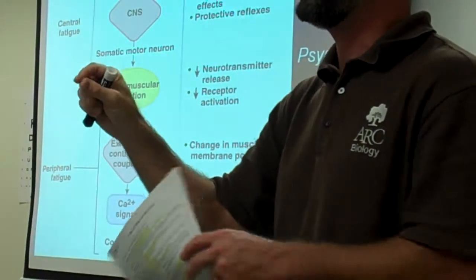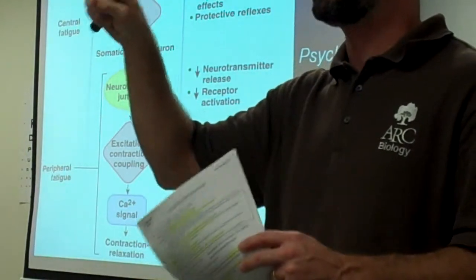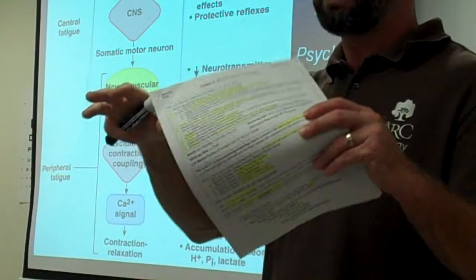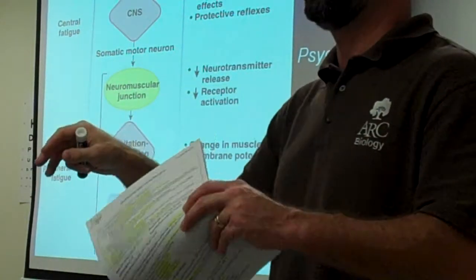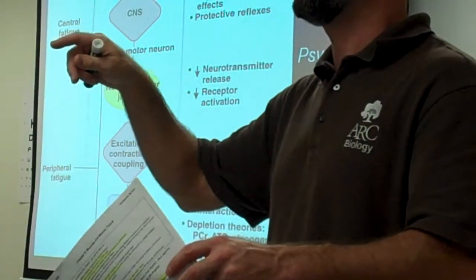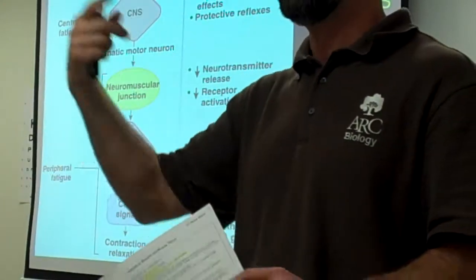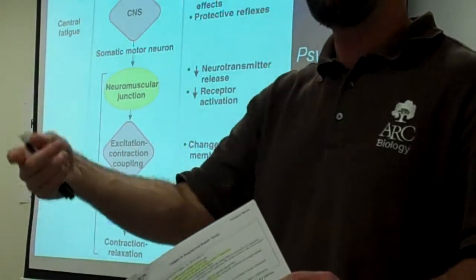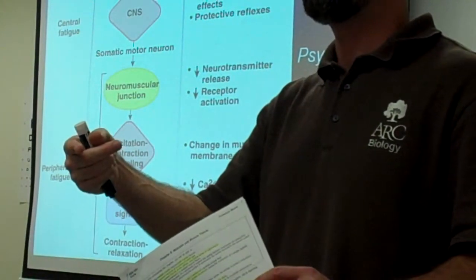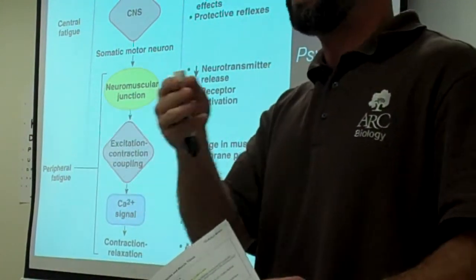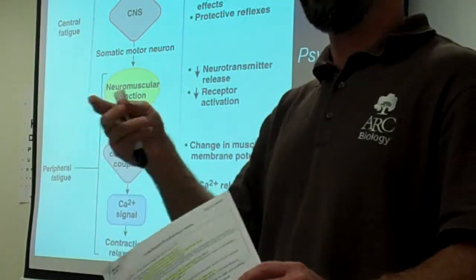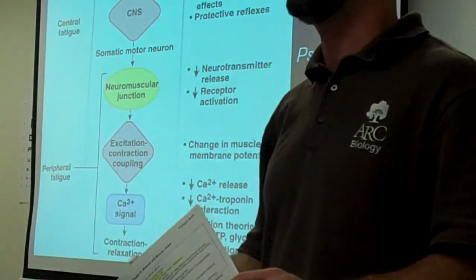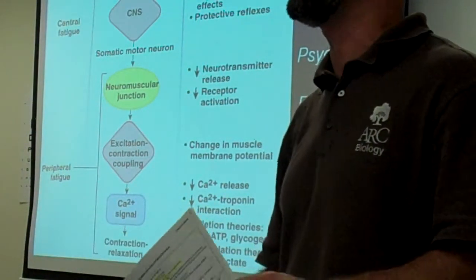The choline, however, is returned back to the axon terminal. So ACH is broken down into acetic acid and choline. Choline goes back into the axon terminal and is used to remake more acetylcholine. Well, if the rate of release is so high, without much time in between action potentials to break down, recycle, and resynthesize acetylcholine, you could potentially run out.